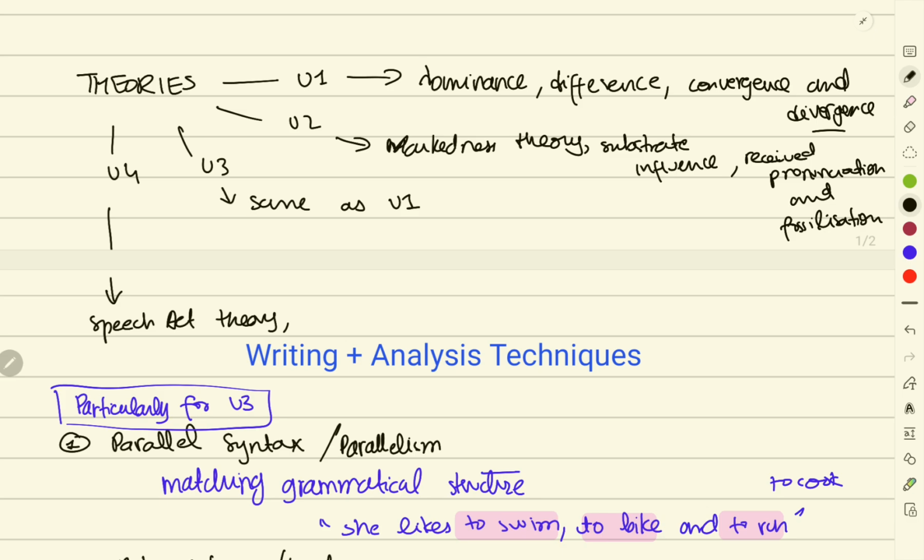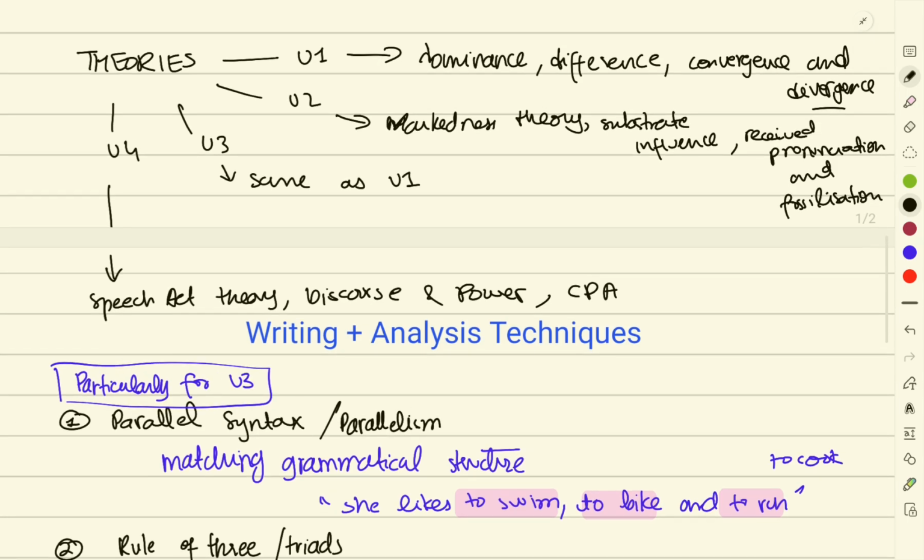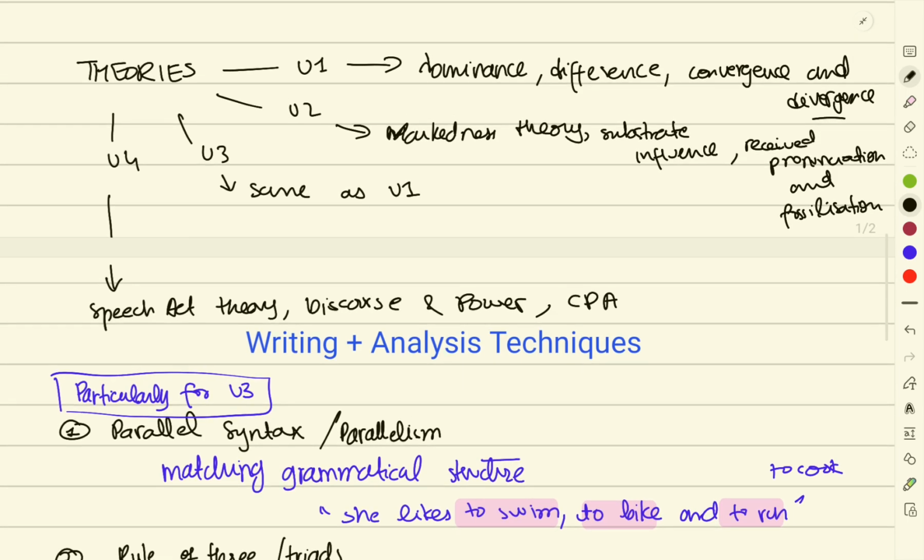You have discourse and power, the theory of discourse and power. And you can even make reference to critical discourse analysis. And that's it. These are the major ones. So if you include these in your answer, it has more substance to it. There's more that the examiners can read and analyze and give you marks for.